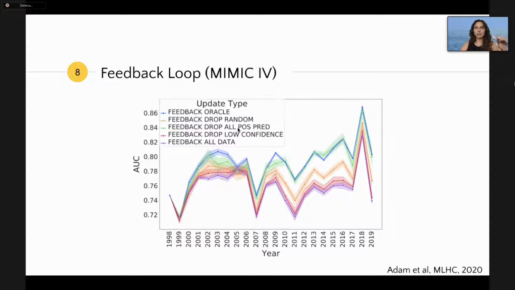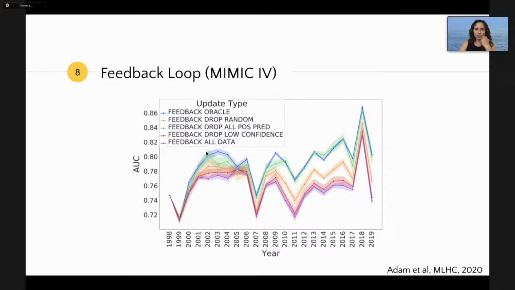So in this case, we remove from the labeling all positive predictions made by the system. If the system says this person is likely to die, then that will not go back as a label into the system to be updated. The system will not see this.